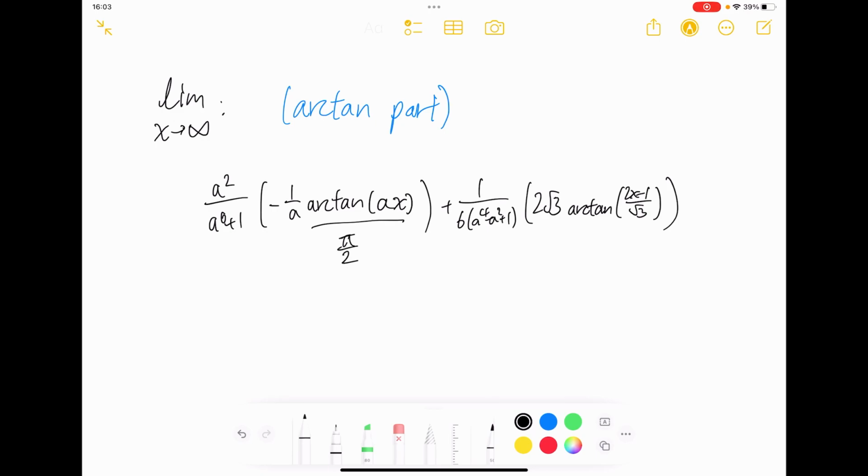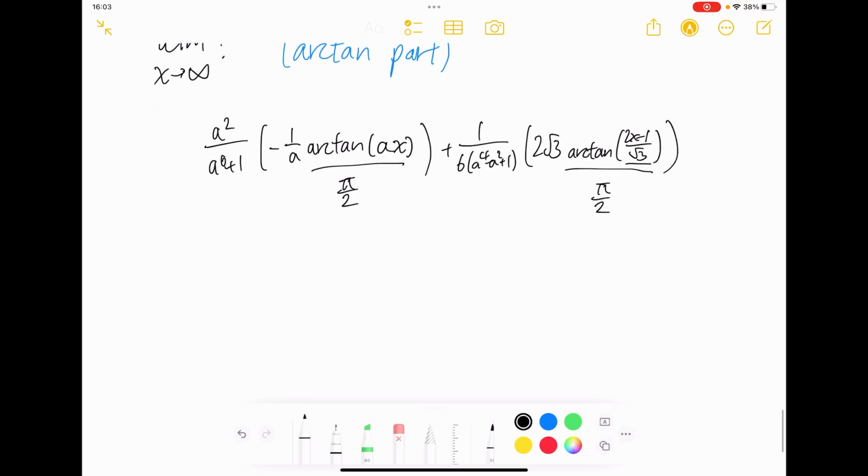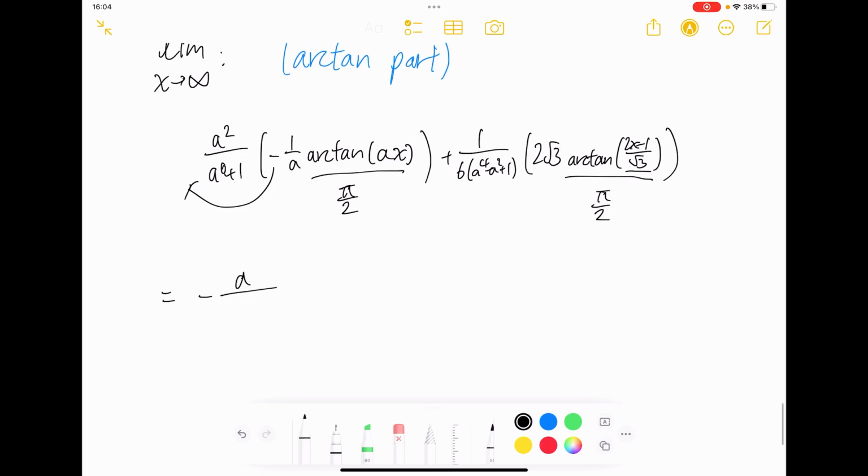Similarly, the inside bit goes to infinity, inverse tangent goes to pi over 2. And all in all, we basically just get, so negative, that negative pulled in front, a squared divided by a, that's just a, divided by 2(a^6 + 1) times pi.